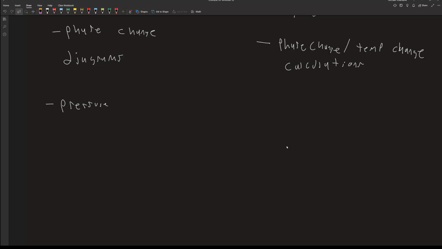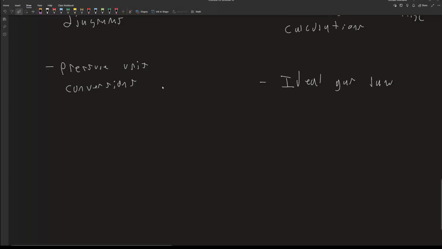Pressure unit conversions. Ideal gas law. And finally, partial pressure.